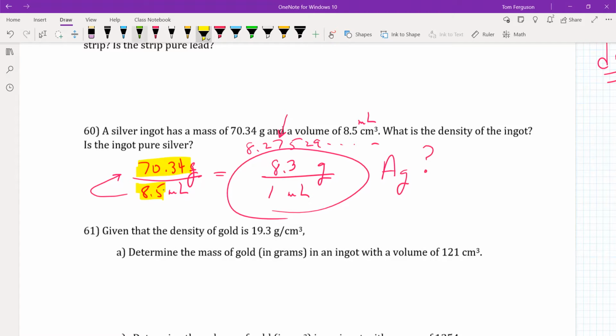Okay, so this is 2 sig figs. This has 4 sig figs. That means our answer has 2 sig figs. Does that make sense where the 2 sig figs come from? Yes, thanks. Okay, cool. All right.